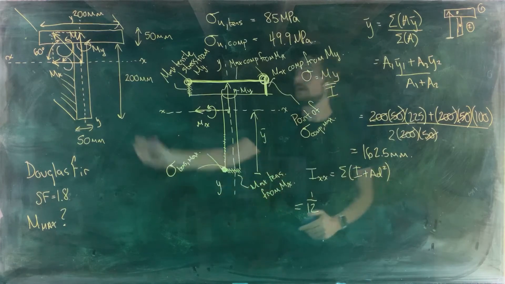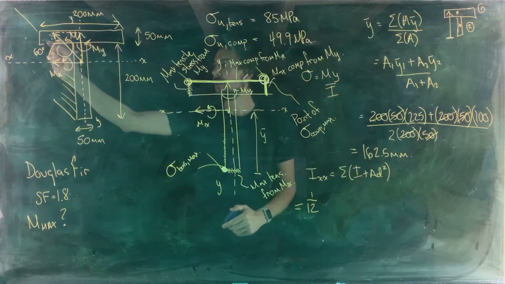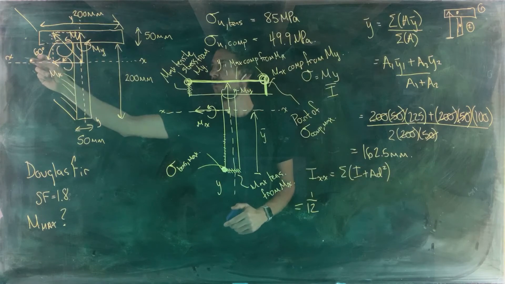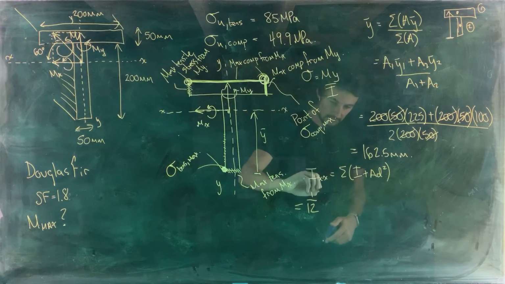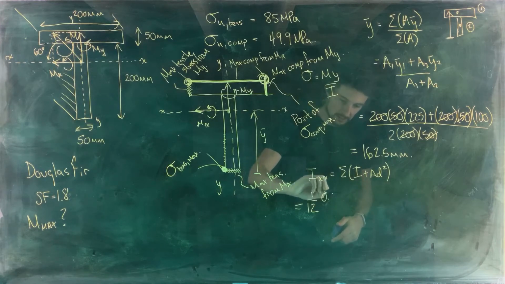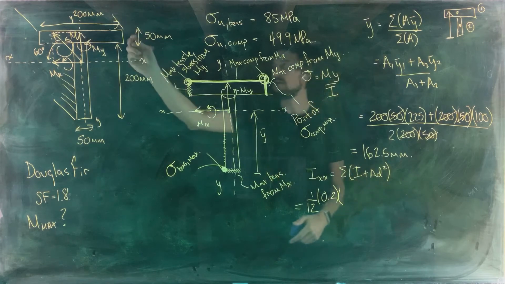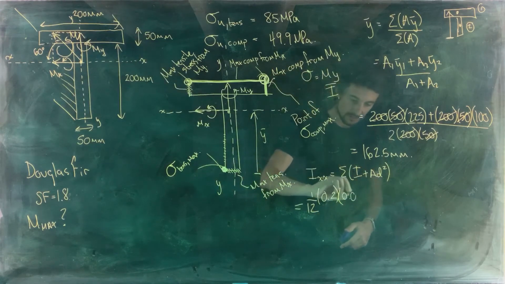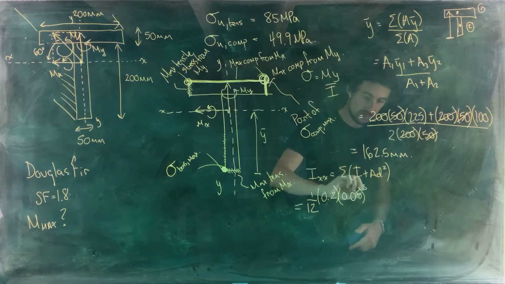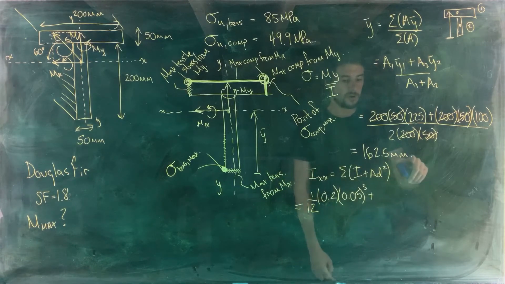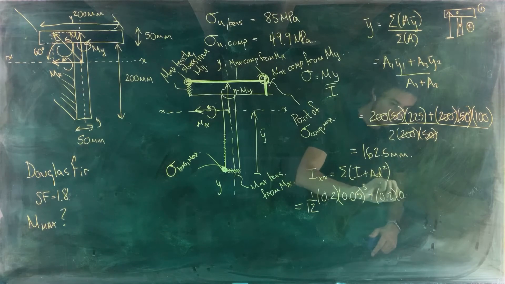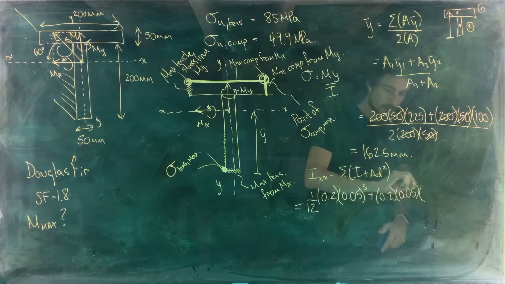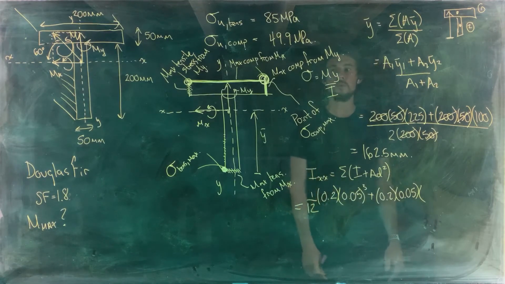Remember, base is always the dimension that is parallel to the axis you're interested in. So the base dimension here is the 200, 0.2 if we're putting that in meters, and height cubed, 0.05 cubed. Then we add on the area, 0.2 and 0.05, and our distance d squared.